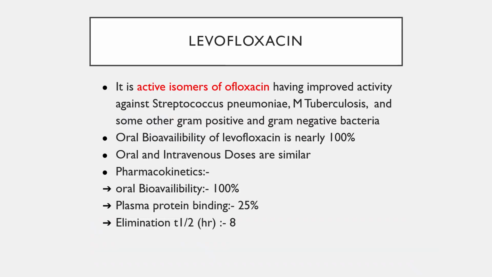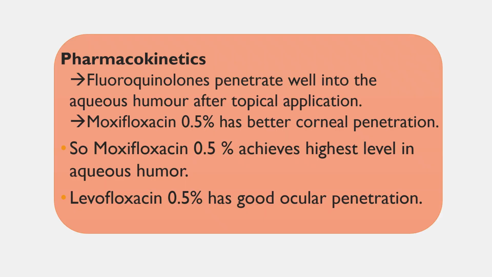Levofloxacin is the active isomer of ofloxacin, having improved activity against Streptococcus pneumoniae, Mycobacterium tuberculosis, and other gram-positive and gram-negative bacteria. The oral bioavailability of levofloxacin is nearly 100%, and elimination T half is 8 hours. The oral and IV doses of levofloxacin are similar.